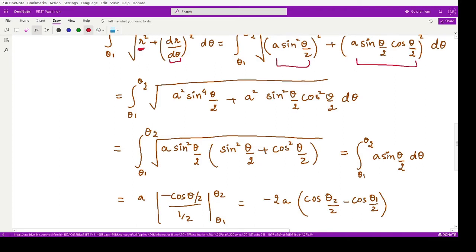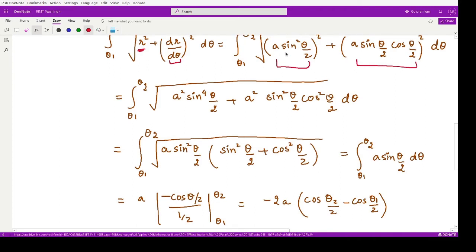Firstly we square the terms, so it would be a squared sine to the power 4, then a squared sine squared cos squared, d theta. Then we take a squared sine squared theta by 2 common, and we are left with sine squared theta by 2 plus cos squared theta by 2, whose value is equal to 1, because sine squared plus cos squared is 1. So this is a squared sine squared theta by 2 under the square root.